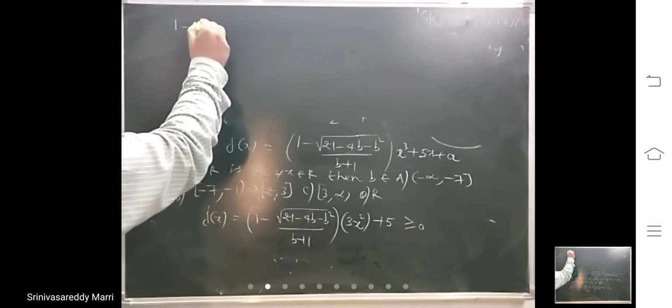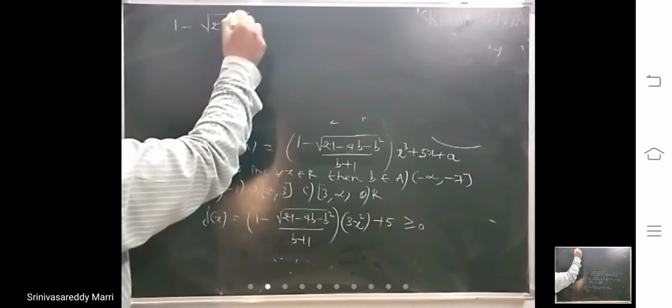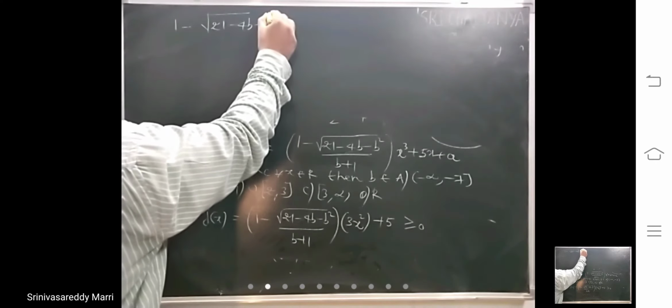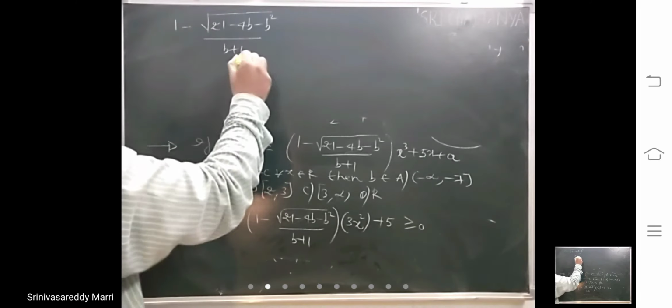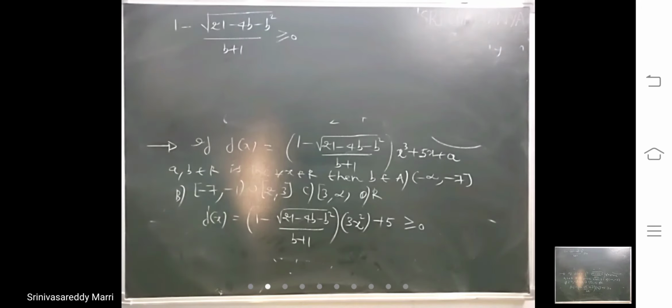1 minus root of (21 minus 4b minus b square) divided by b plus 1 greater than or equal to 0. Right?